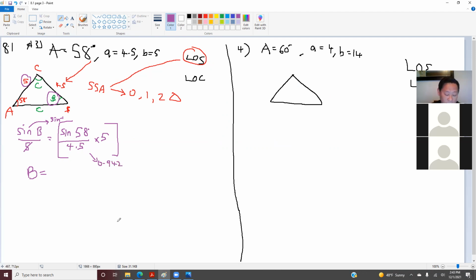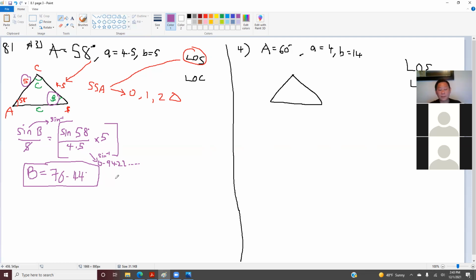You have to take the arc sine of it. So arc sine of this is what? I don't get that. Calvin, what did you get? 0.9422. Is that what you got? Yep, and then you have to do the arc sine. Don't forget, arc sine it. 70.43. So this is 70.44 degrees.